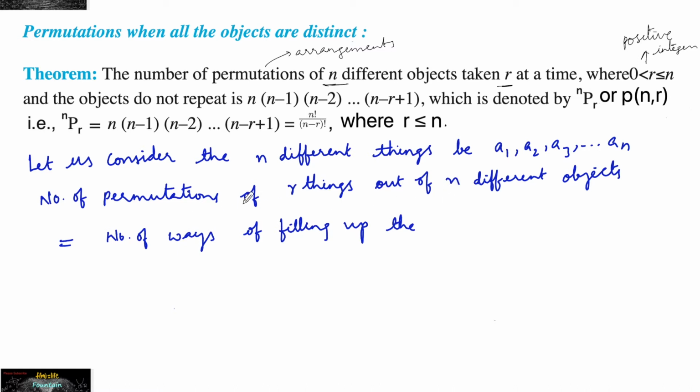We need only permutations of r things, right? So the number of ways of filling up the r vacant places with the given n different objects.